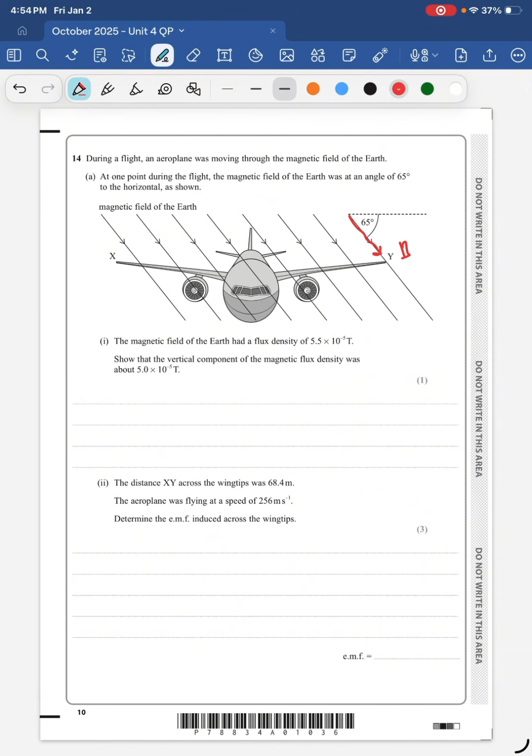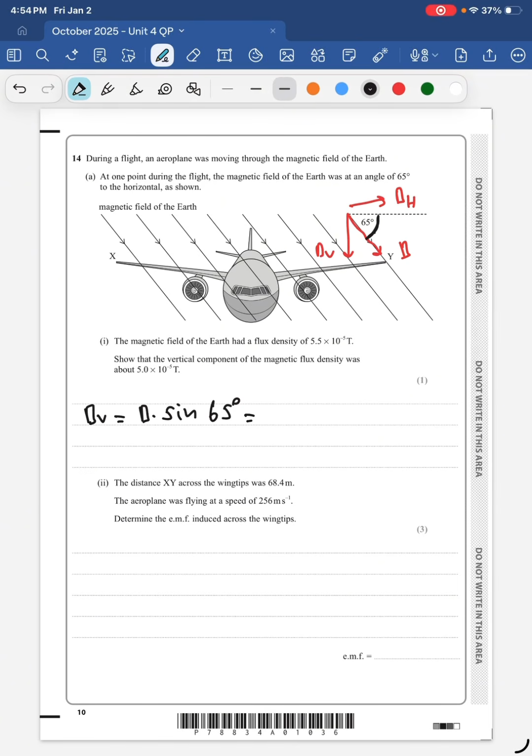So this is the magnetic field, B. Just like every other vector, it can be analyzed into a horizontal component, let's call it BH, and a vertical component, BV. So BV, the vertical component, is going to be B times sine of 65 degrees. And remember my silly rule: when you analyze vectors, when the component of the vector touches the angle, like B horizontal, then you take the cosine.